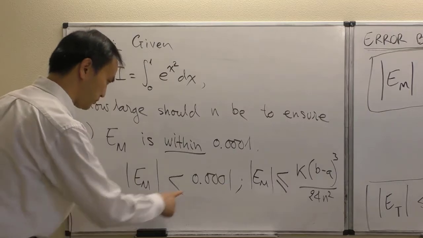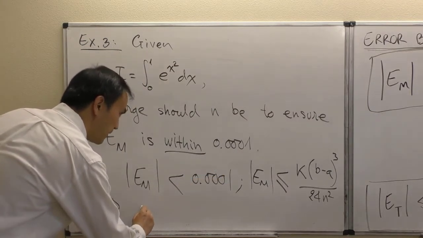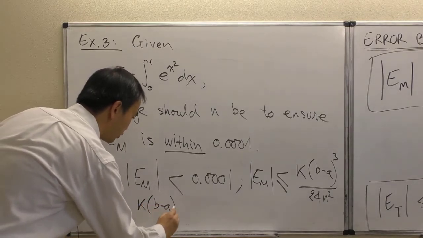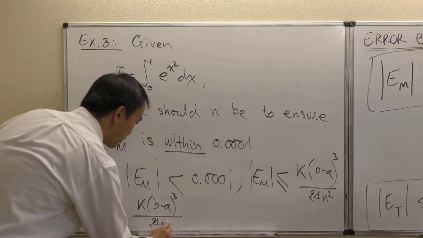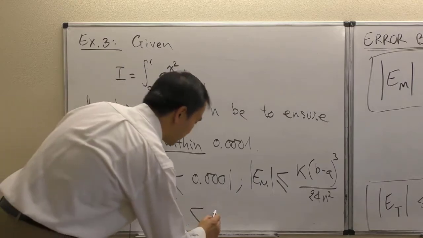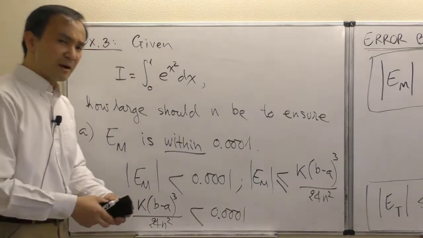Together, the two facts imply that this expression, K times (B minus A) cubed over 24n squared, has to also be strictly less than 0.001.